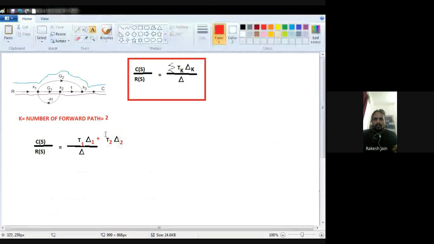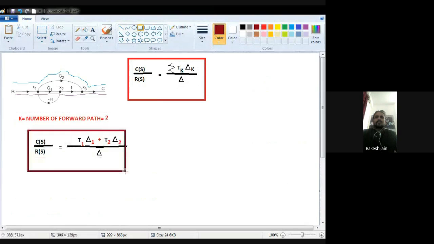Because k is equal to 2, one is for T1, one is for T2, one is for del 1, one is for del 2. So T1 del 1 plus T2 del 2 upon del.